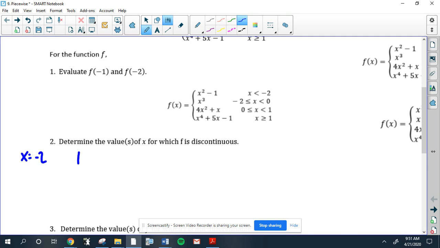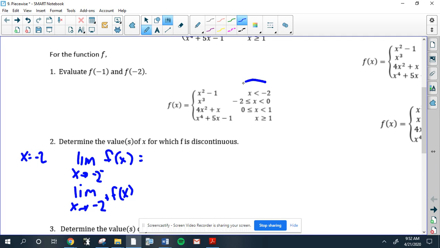So for the limit to exist, it has to be the same from the left of -2 as it is from the right of -2. So you have to calculate those two one-sided limits and then compare them.